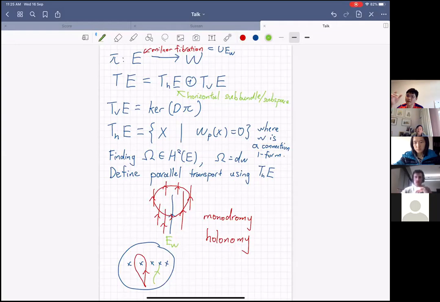Why is that identity? Because if you have parallel transport and the curvature is not zero, so it's not flat, usually it doesn't return to the same point. So what is the definition of monodromy exactly?